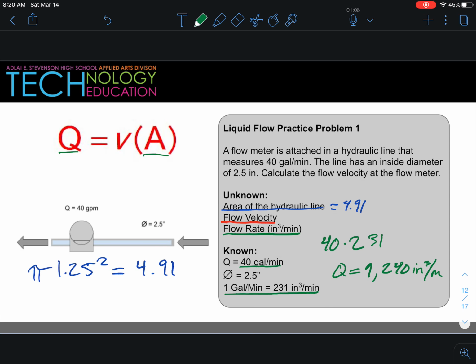Now we can take that Q and put it into our flow rate calculation. So we've got 9,240 as Q is equal to unknown velocity times 4.91. I'll divide both sides by 4.91.